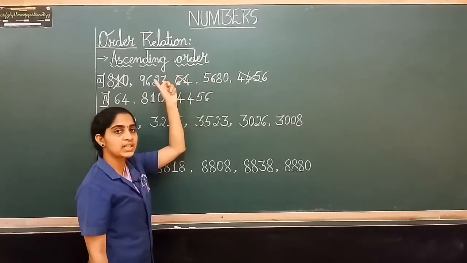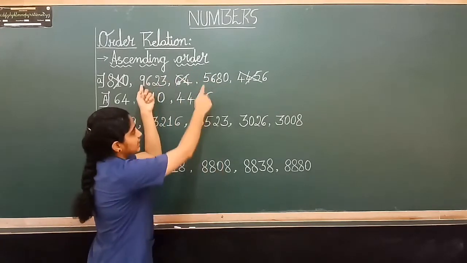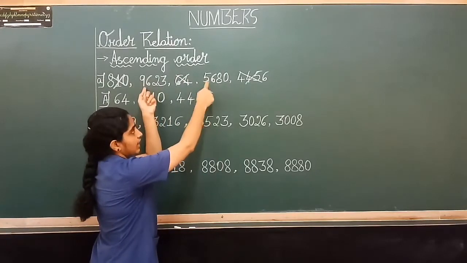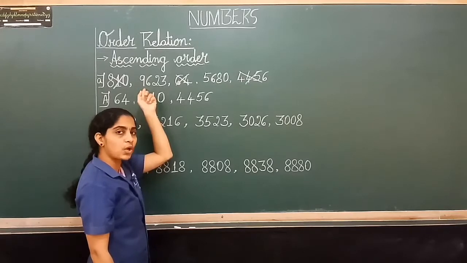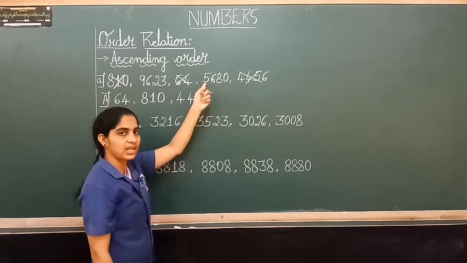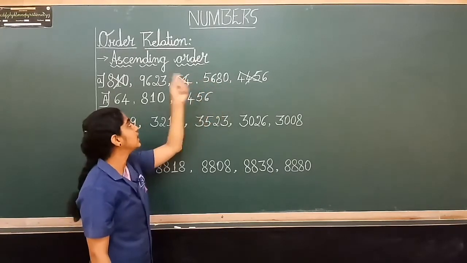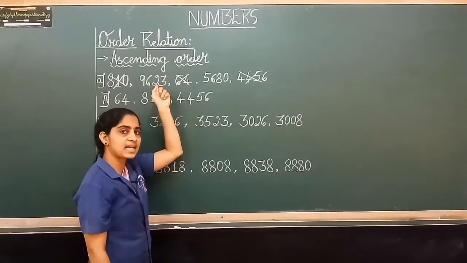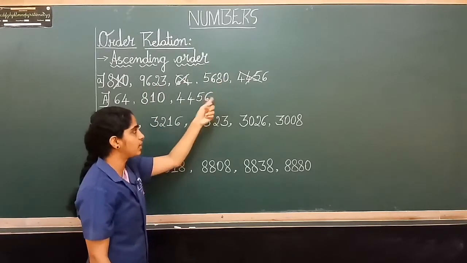Now remaining these 2 numbers. If you see the first digit of these 2 numbers, here we have 5, here we have 9. So which is the smaller number? Very good. 5680 is smaller than 9623. So we have to write this number next.